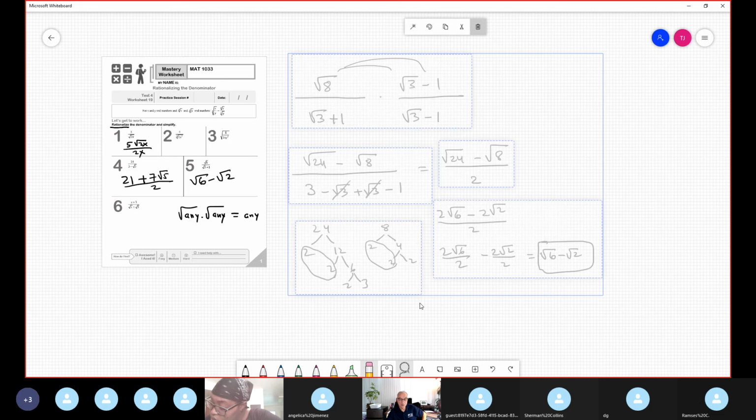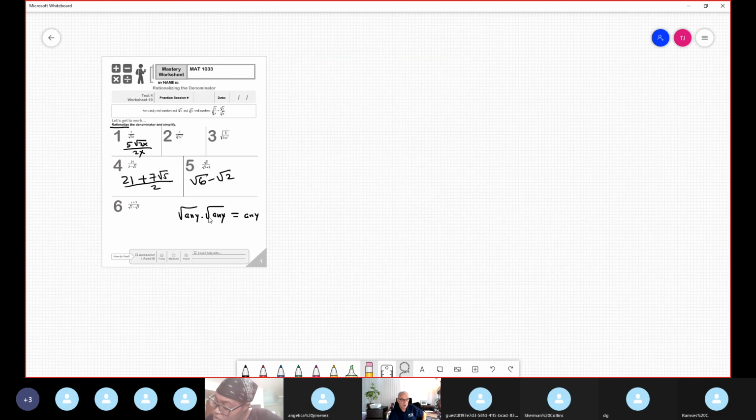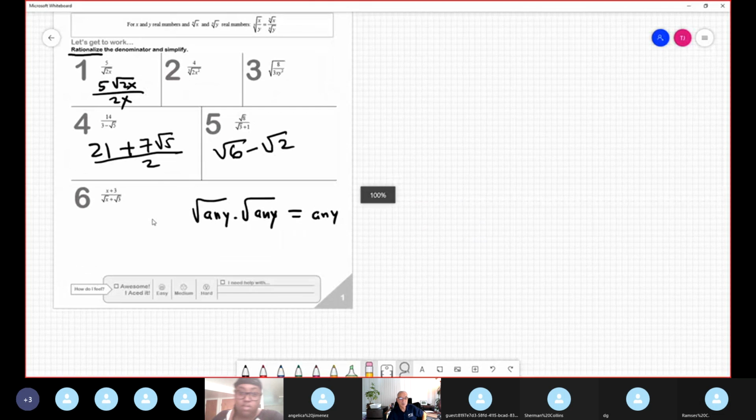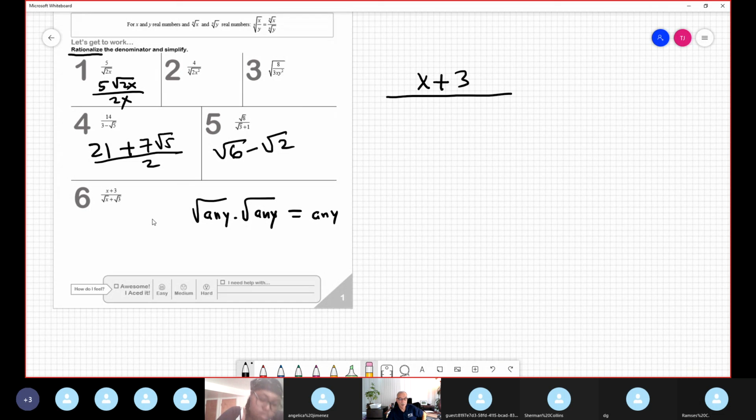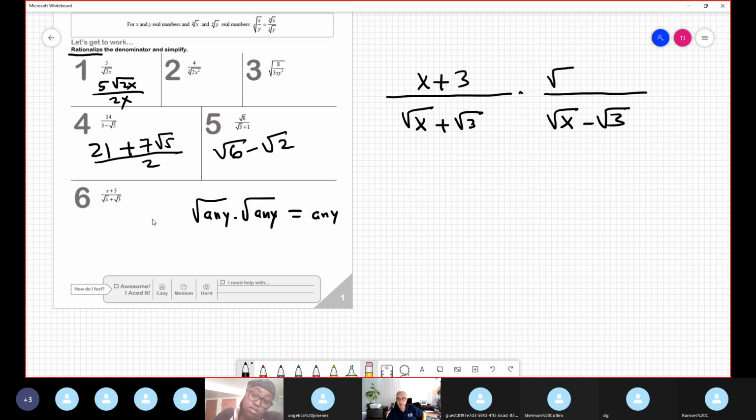Okay, let's do the last one. I promise it's the last one. It is x plus 3 over radical x plus radical 3. Same idea. The conjugate is radical x minus radical 3.